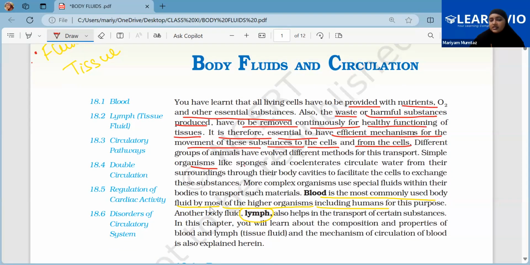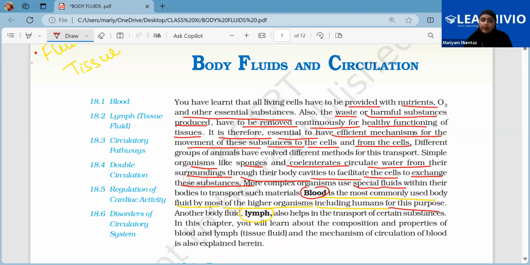Simple organisms such as sponges and coelenterates circulate water from their surroundings through their body cavities to facilitate the cells to exchange their substances. More complex organisms use special fluids within their bodies to transport such materials. Blood is one such fluid, the most commonly used body fluid by most higher organisms, including humans.